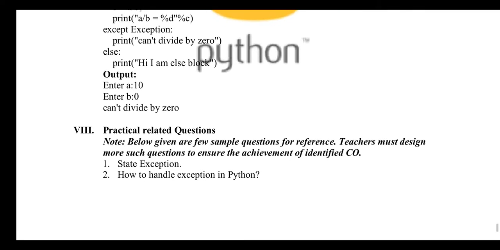When we divide the value of a by 0, the exception occurs: you can't divide by 0. You can also use an else block. When you pass the two values 10 and 0, it directly shows the error you specified in the except block, that is, can't divide by 0. In a similar way you can use the else block too.